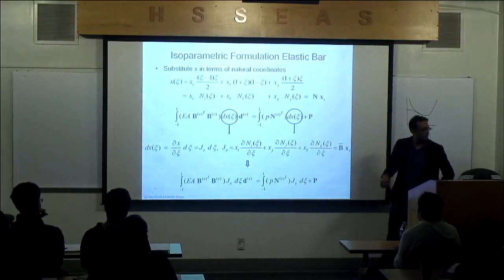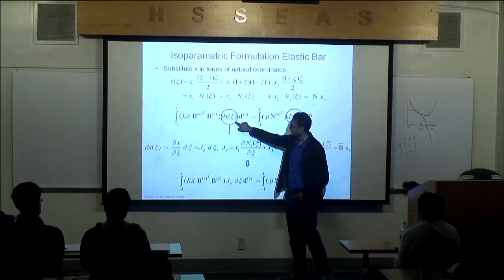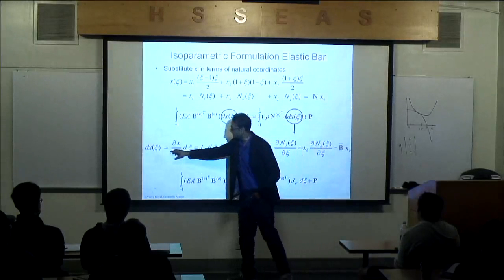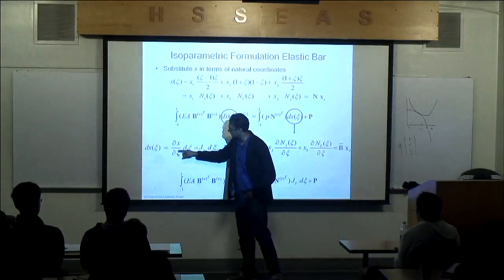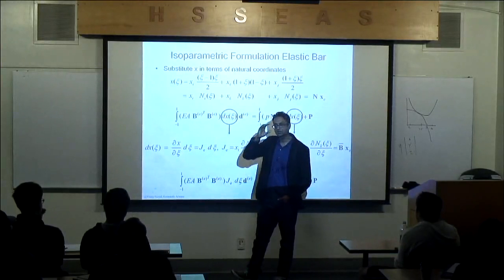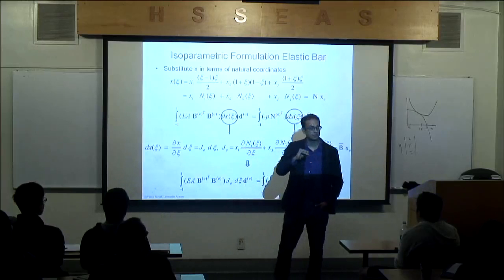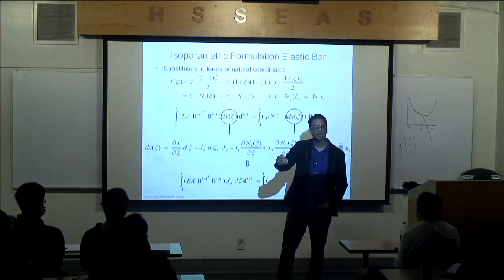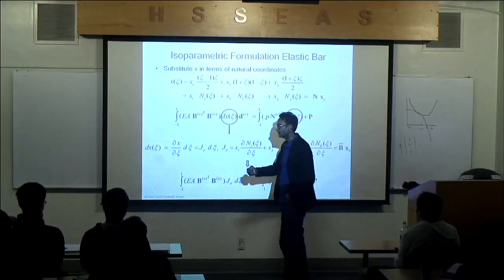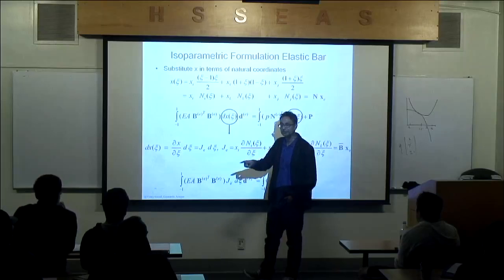Then we went through the steps to substitute that in there. We calculated dx/dξ, and I'm repeating this again, but I'm doing it on purpose, because the first time I saw this, I think I had the same blank face. But I'm hoping the second time you don't have a blank face, you follow it. Okay. And those watching the video can replay it over and over, right?